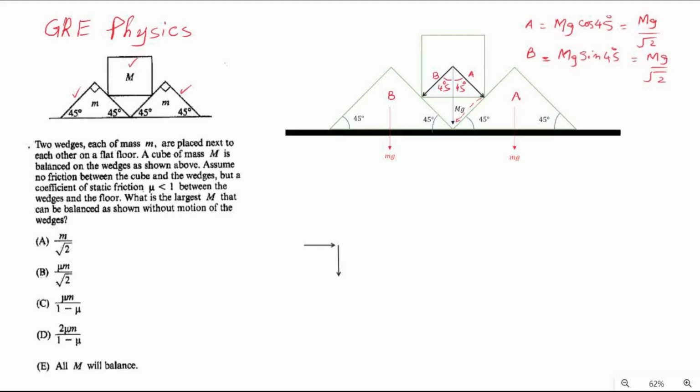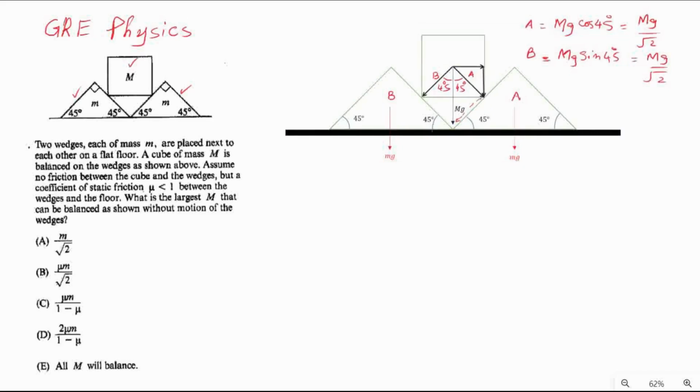So let us consider wedge A. Now let us find out what forces are acting on wedge A, which essentially are coming from the block of mass M. One is this force, the horizontal component of the vector A, and the other one is the perpendicular component of vector A acting downward on the wedge.